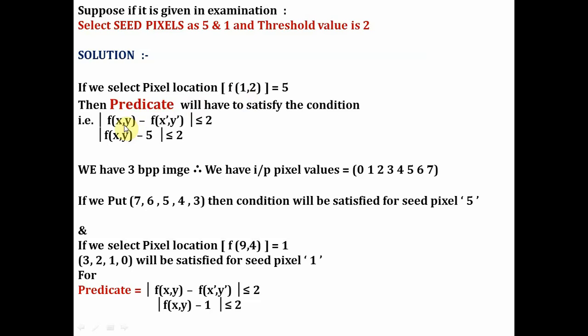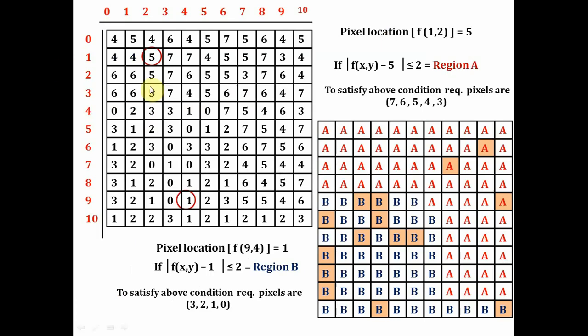Now I need to calculate for each and every intensity value. I need to subtract the seed pixel value from each and every input intensity value, and I will calculate the predicate. Now suppose I'm considering the 4-point connectivity of this 5. Now 5 has different neighbors, like 4, 4, 5, 7, 5, 6, 7, 6.